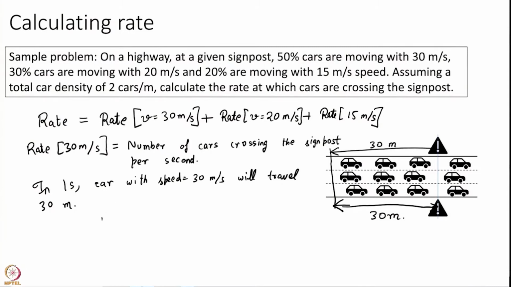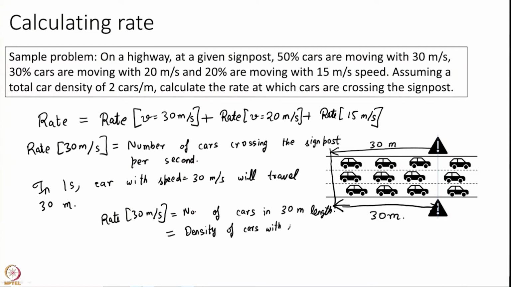So this rate for 30 meters per second will be the number of cars in 30 meter length. This will be equal to the density of cars with speed equal to 30 meters per second, times 30 meters.